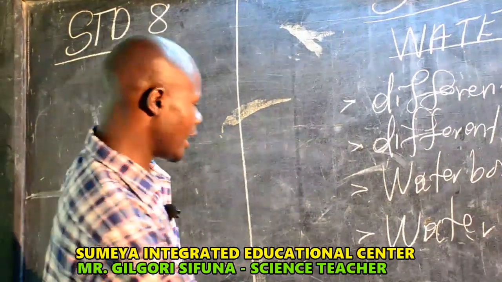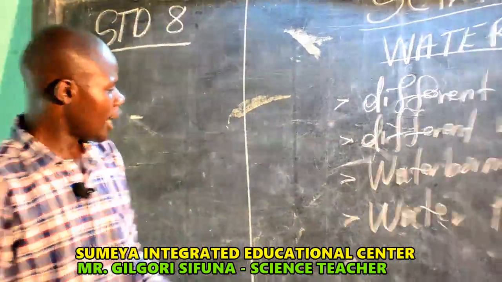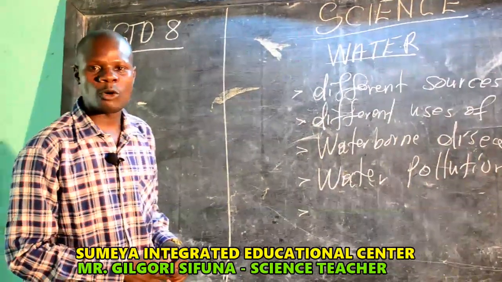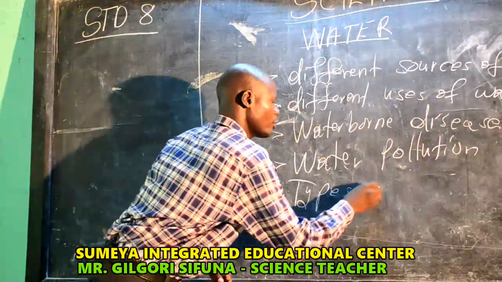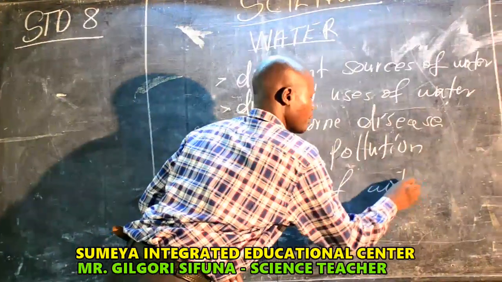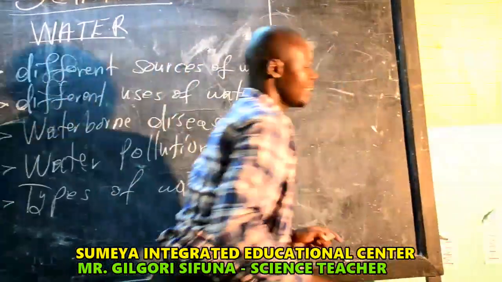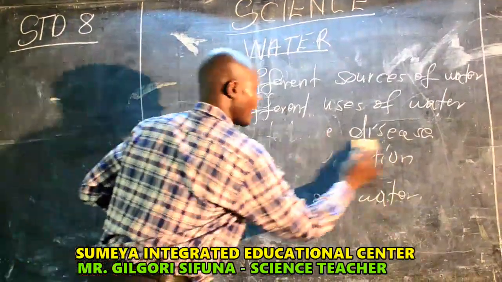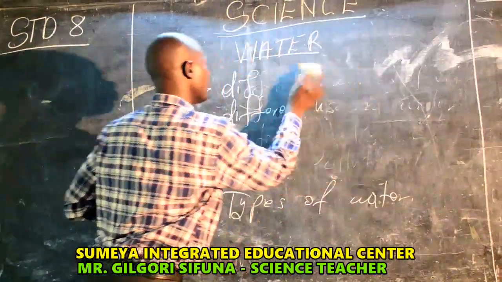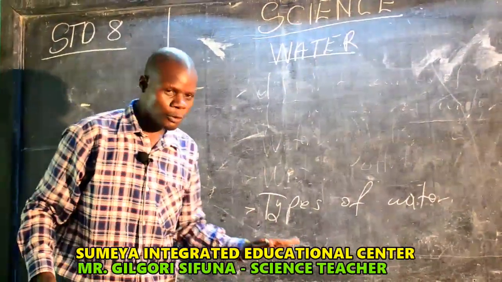Now today we are introducing the topic water in the candidate class, known as types of water. Now that you have already covered these topics, I will erase them and start from the level where you are. Your level here is types of water.